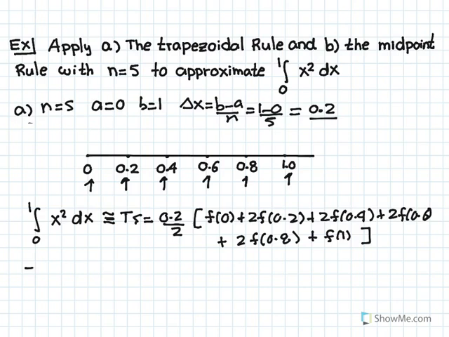Now the function f of x is equal to x squared. So let's evaluate this. T5 is equal to 0.2 divided by 2, that's just 0.1. What is f of 0? Plug into the formula, f of x equals x squared, because that's our function.